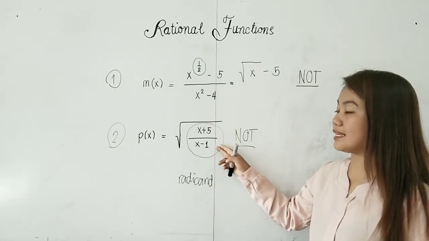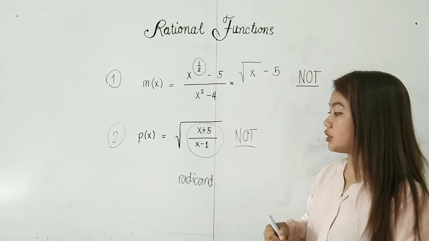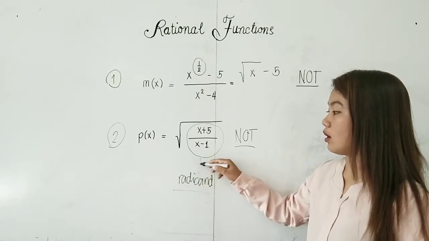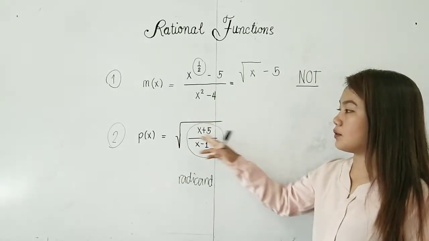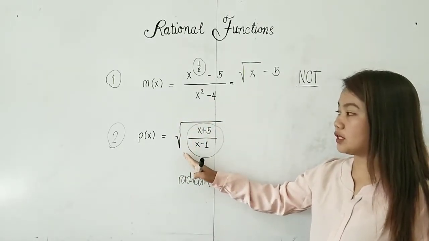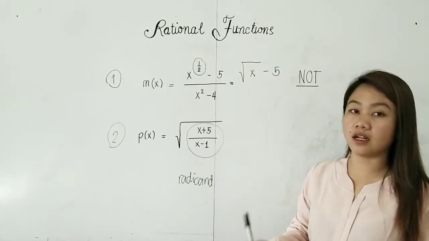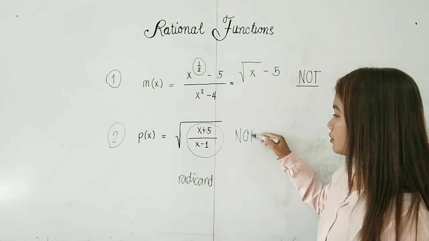Though this one is a rational function by definition, they are just the radicand of the radical function p of x. They are enclosed in a radical sign. So this is not a rational function, but rather a radical function. So again, not a rational function.